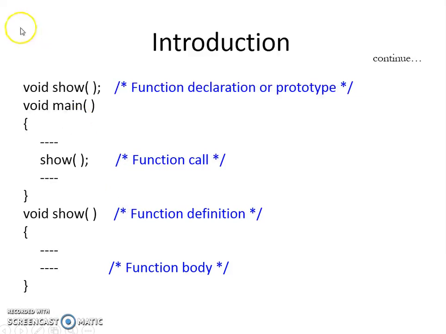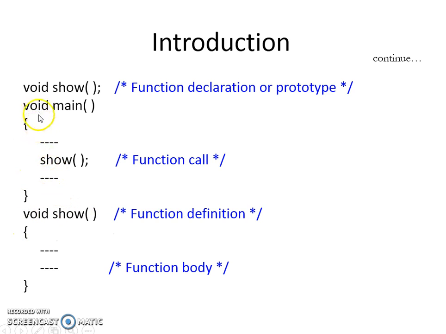So the syntax that we were using in a simple function was first the return type. If nothing has to be returned, we put it as a void. Then the name of the function. In the bracket, if any argument, we put it, and that is followed by semicolon. So this is called a function prototype or a simple function declaration.